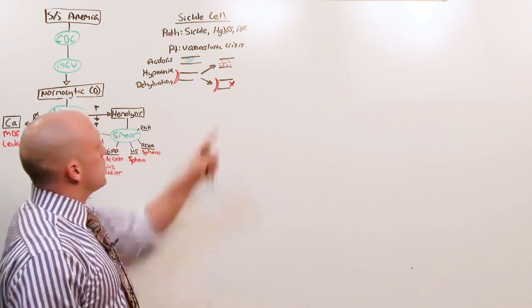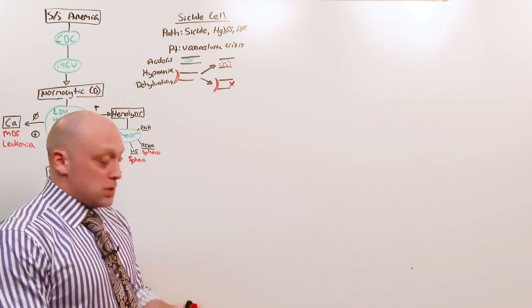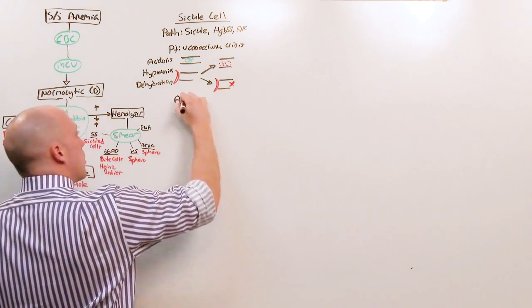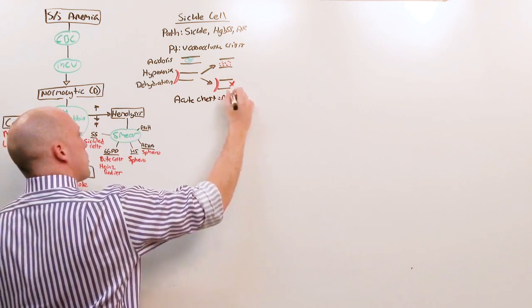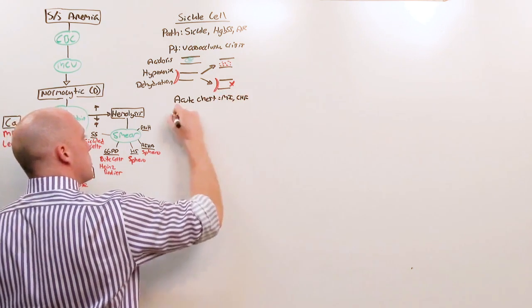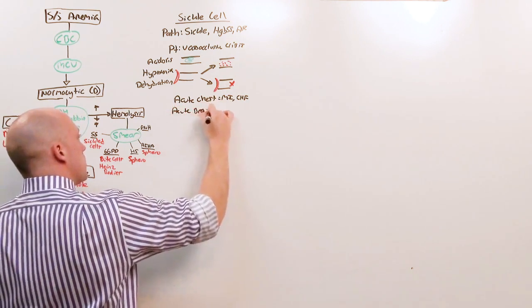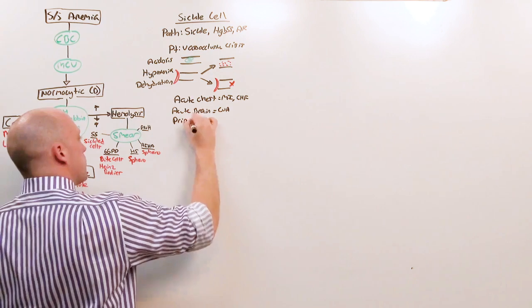So look for the vaso-occlusive crisis, the patient in a lot of pain. But some of the emergencies you need to be able to recognize are the acute chest, which looks like an MI with florid CHF exacerbation. The acute brain, you can imagine ischemia in the brain is going to lead to stroke-like symptoms. And for males, priapism.